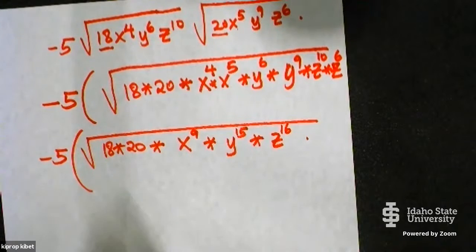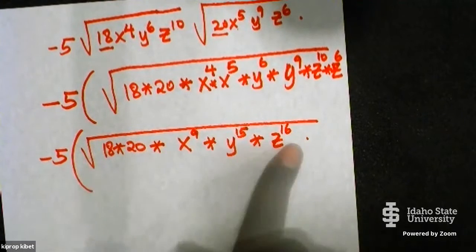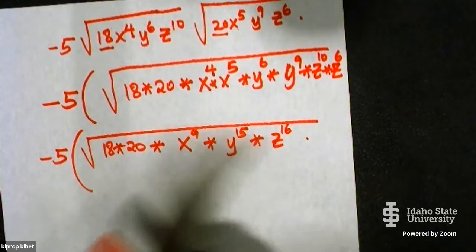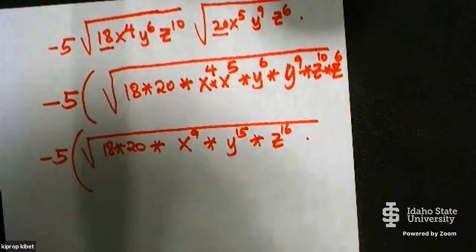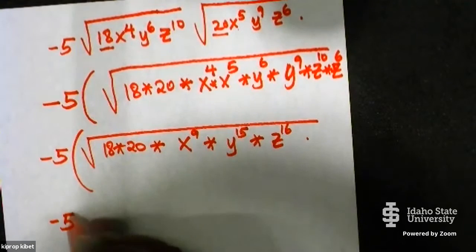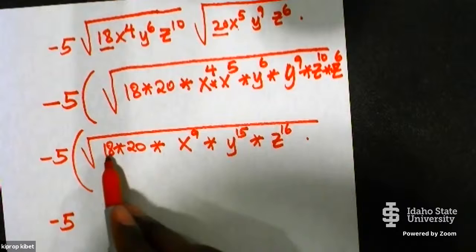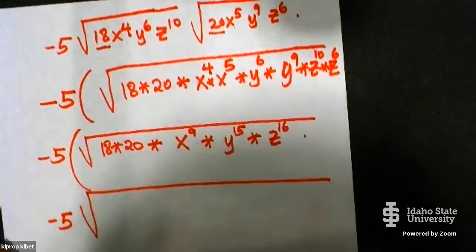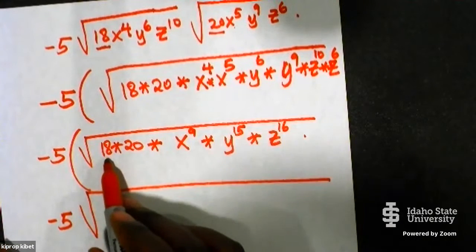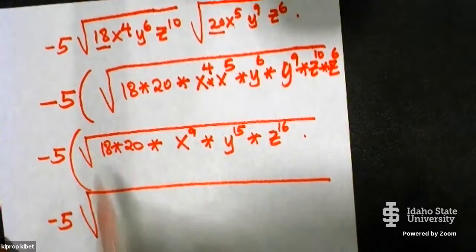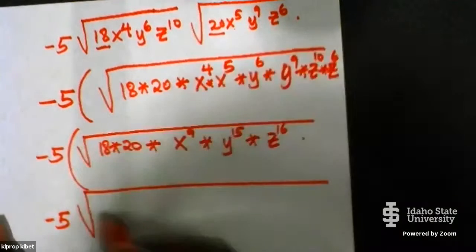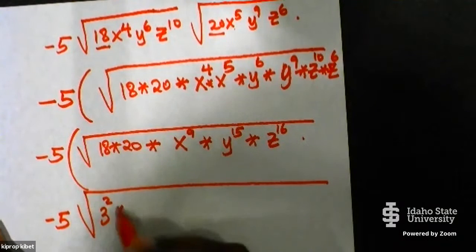Now this is the square root, so we can factorize all this again. Minus 5 is outside, and then we look for the ones which can cancel with the square root. For 18, we have 9 and 2, right? So we can say 3 raised to 2 by 2.